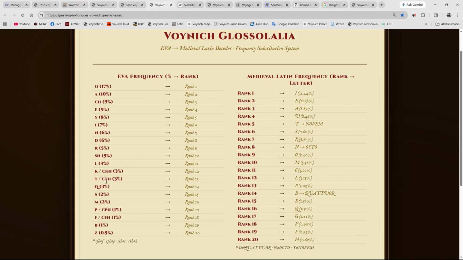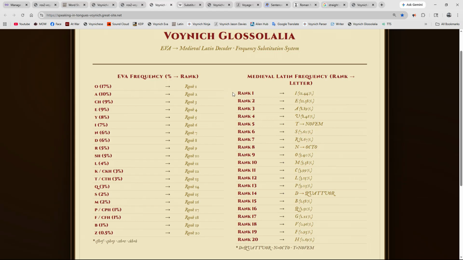So I took that, and if you notice the rank over here goes to rank 12, and rank 12 would be a letter L for CKH. So that's the equivalent of one letter. And I ranked it with medieval Latin.